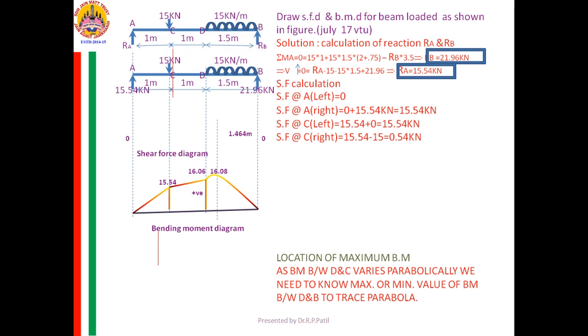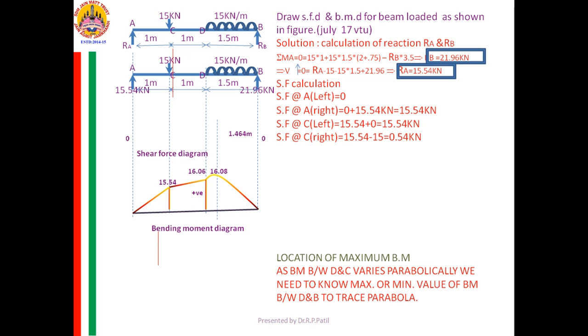That is 15 into 1.5. Now go for 21.96. 21.96 is acting on the right part and is carrying the right up.